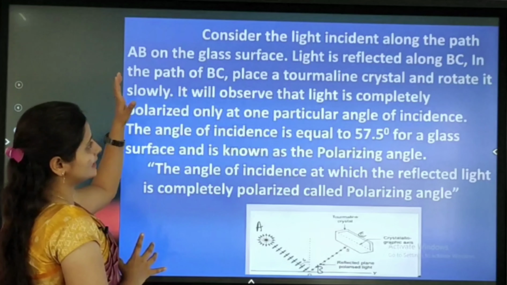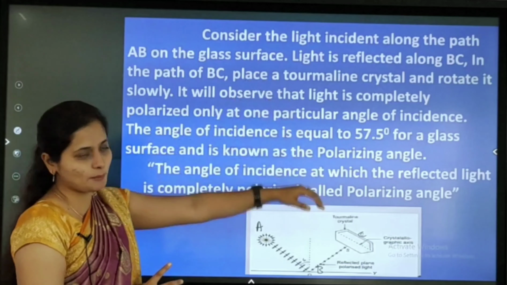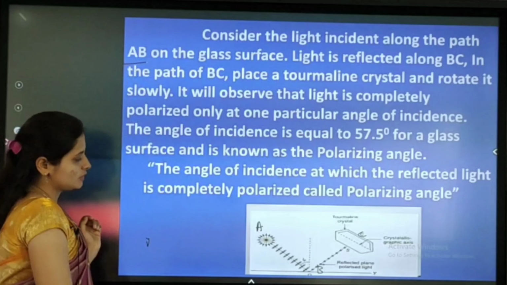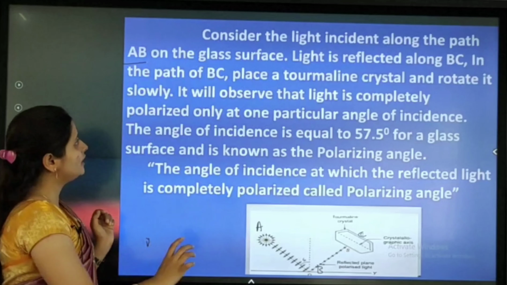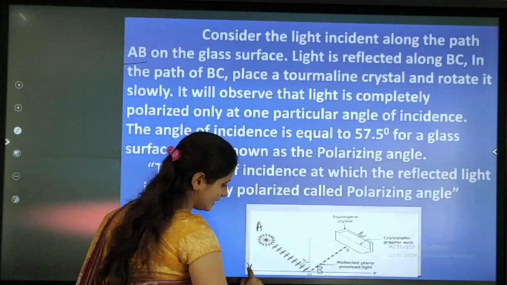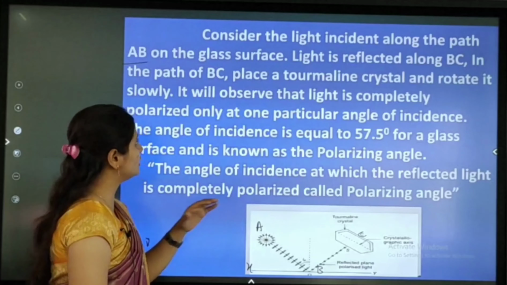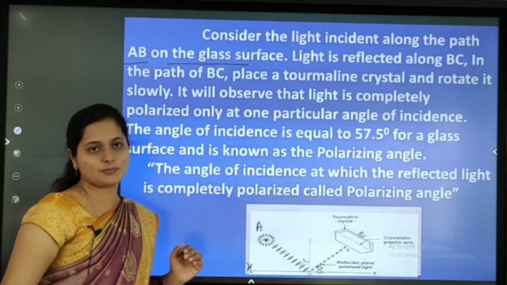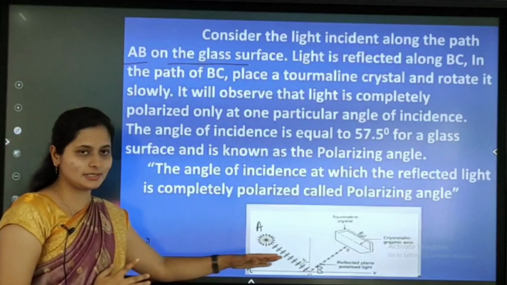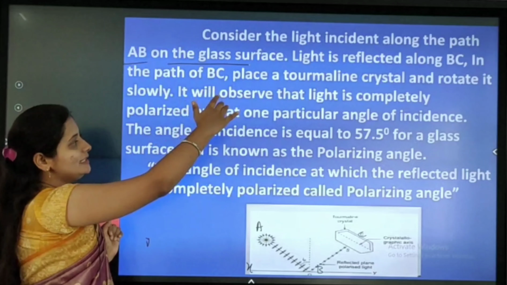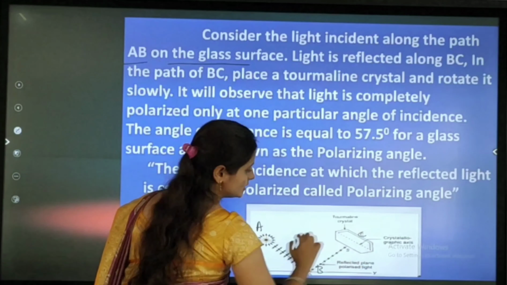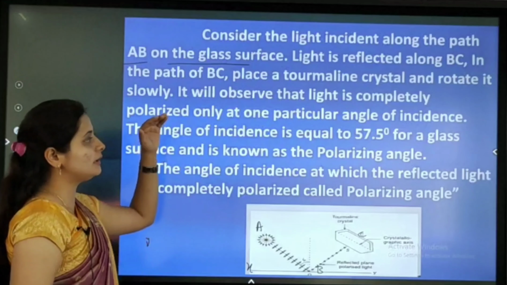The light is incident on the glass surface, where X and Y is our glass surface. We are considering incident light along the path AB on a glass surface. Next, light is reflected along BC, so reflection takes place from B to C.